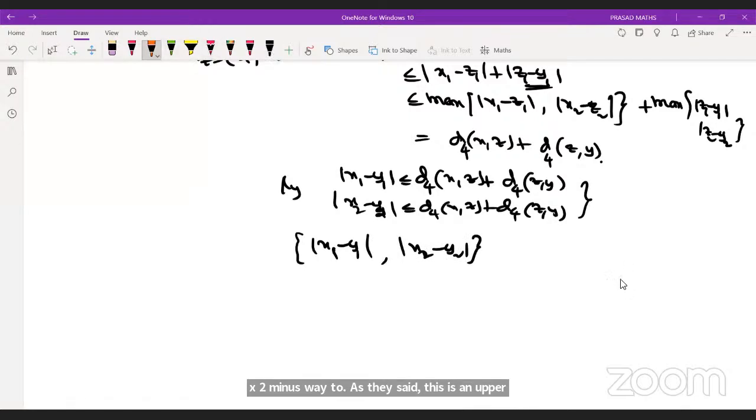Which one is an upper bound? This one is an upper bound. Because it's an upper bound for the set, it has a least upper bound.